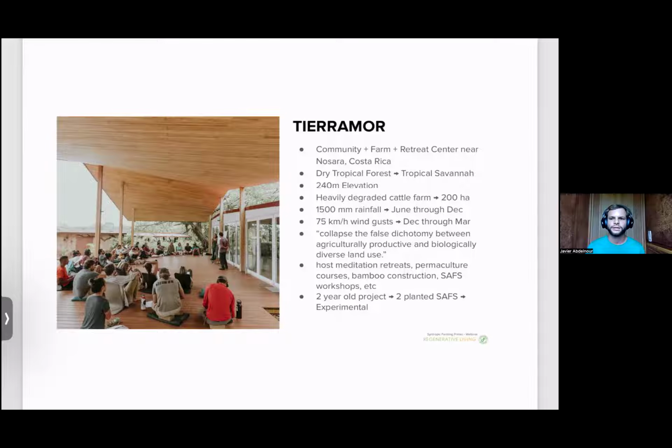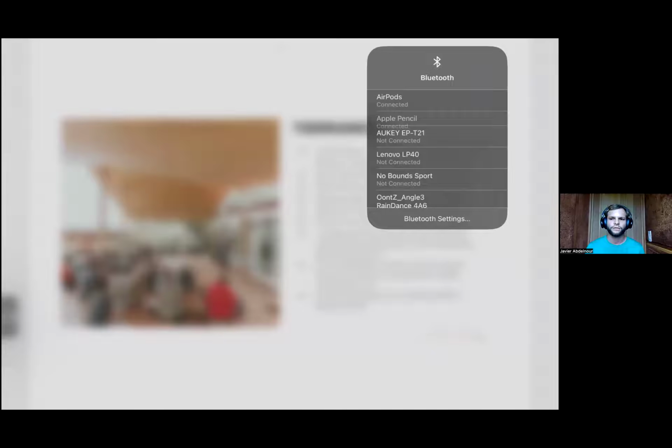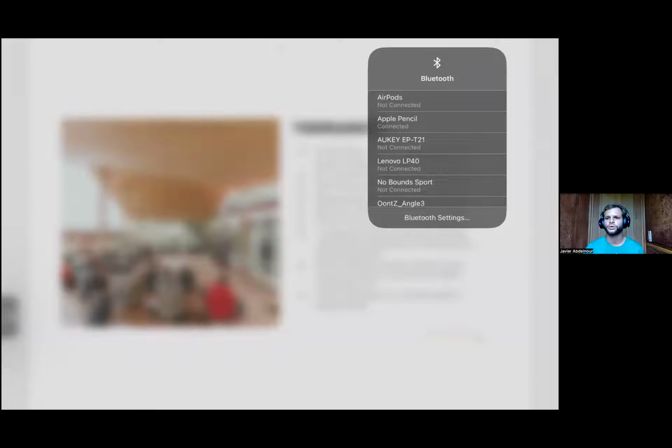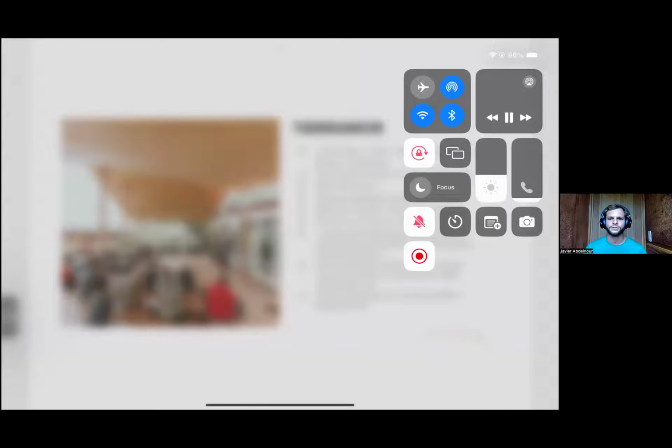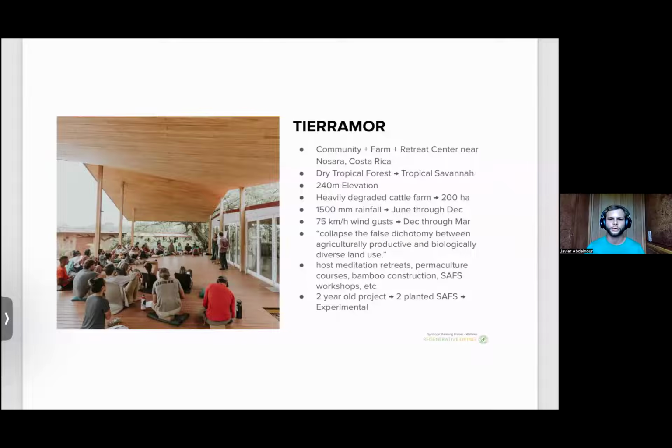We also host meditation retreats, permaculture courses, bamboo construction, natural building. We build a lot with clay and earth, and we do agroforestry workshops as well. We've done 2 in the past, and we're gonna talk a little bit about one of the agroforestry systems that we built in one of those courses.